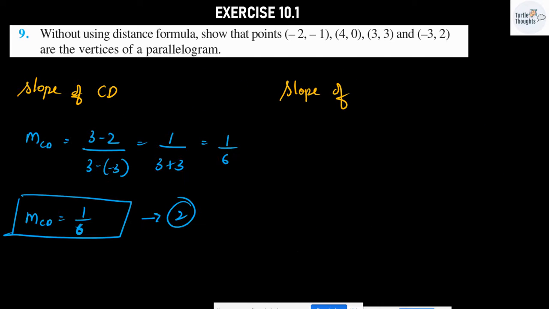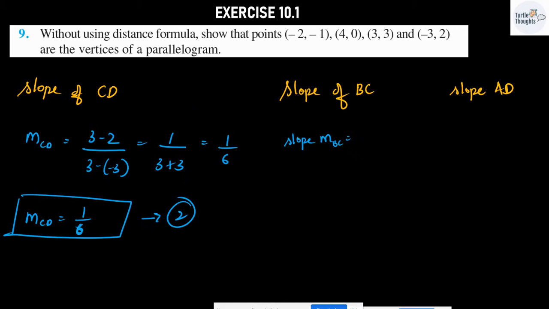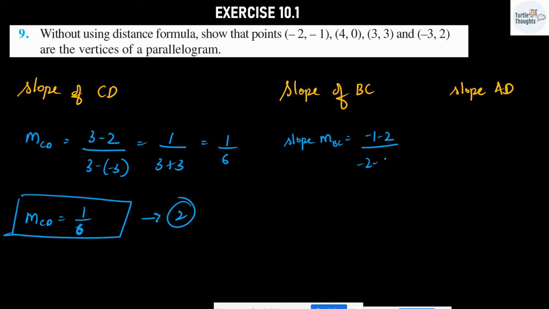Right? Next, I will be taking slope of the other two lines. That is BC and AD. So slope of BC I will be taking over here. Slope of AD I am going to take here. So slope BC, which is MBC, can be written as, this is your B, this is your C. Y2 minus Y1, minus 1 minus 2 divided by minus 2 minus of minus 3.